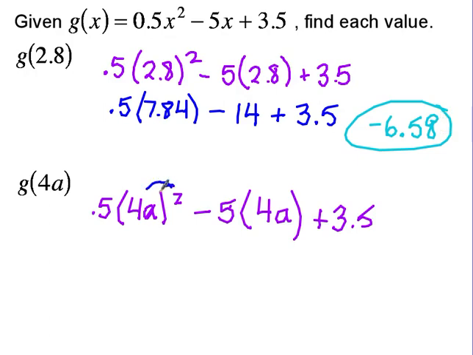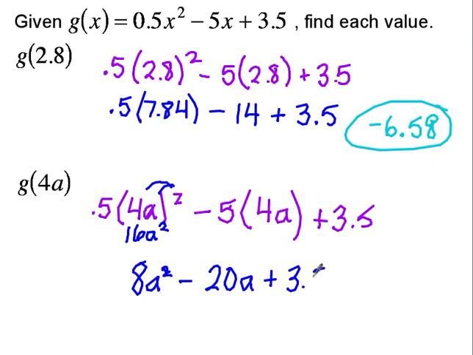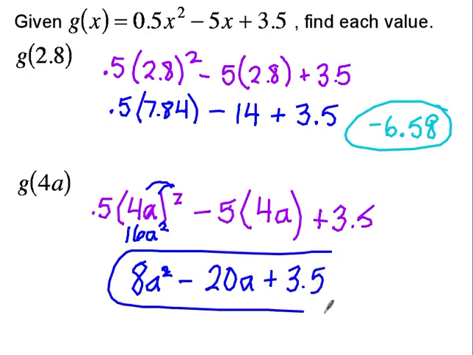What do you get there? 16a squared. What's 16 times 0.5? 8. So really here I get 8a squared. What do you get, 5 times 4a? 20a, and then plus 3.5. So that's going to be your answer there.